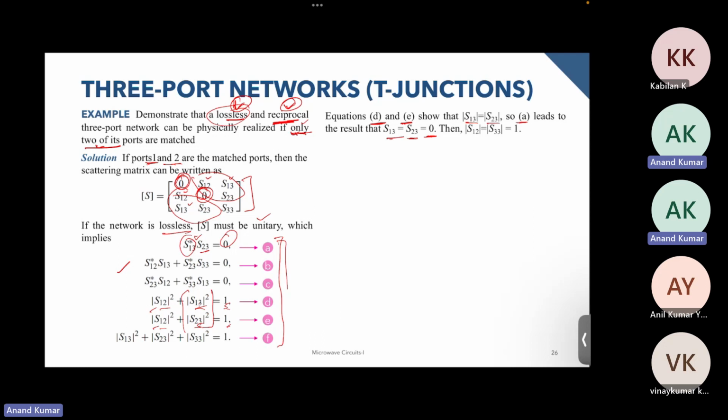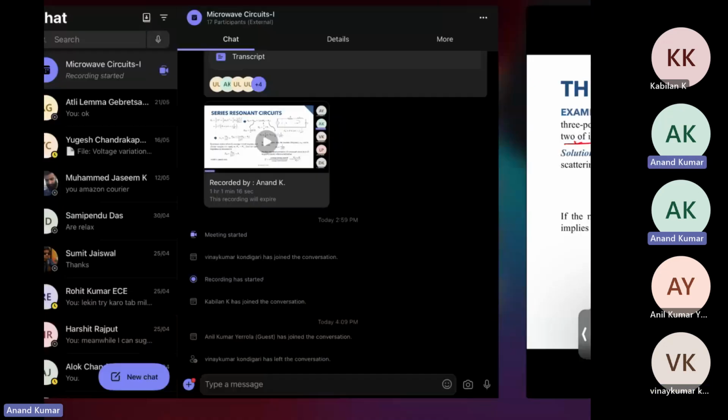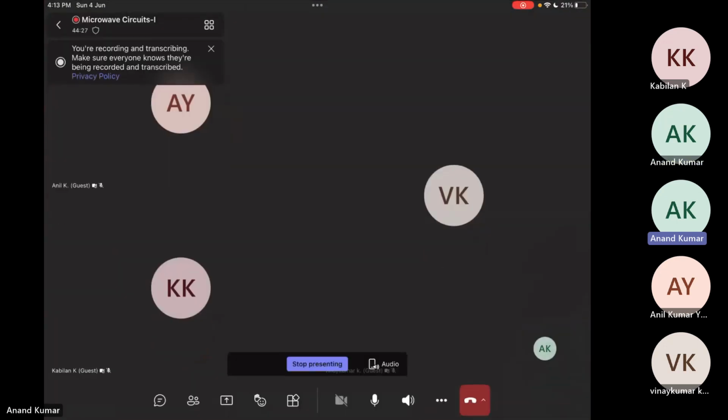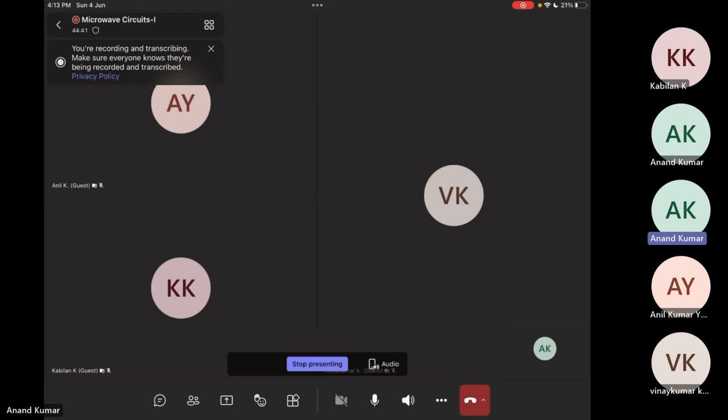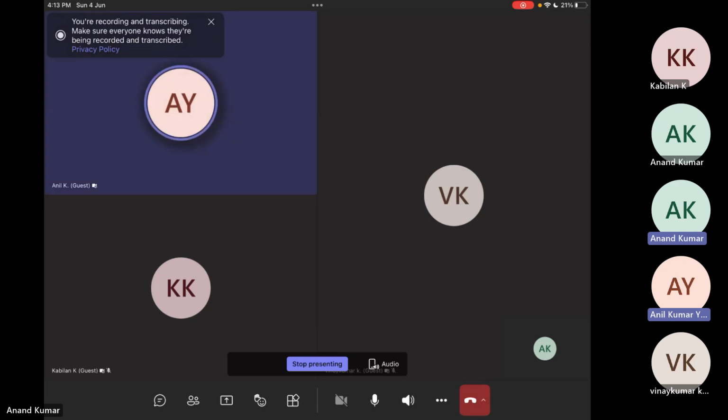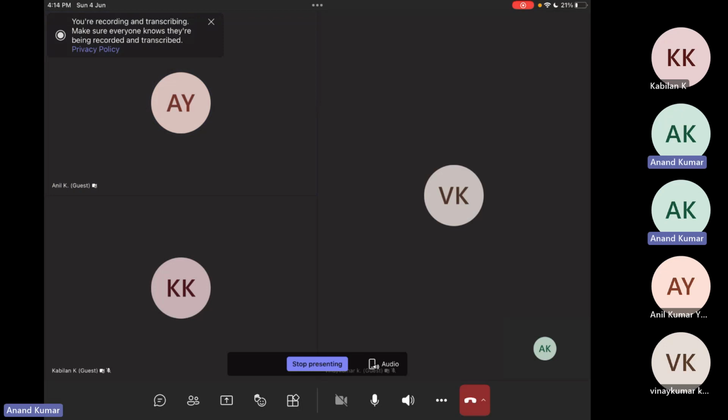Your audio is too low. I mean, it's too low. Okay. How is it now? Is it better now? Maybe I'll use a different device for audio.